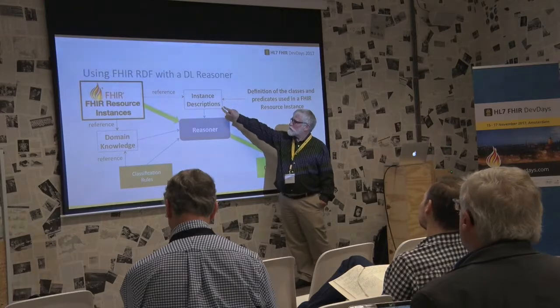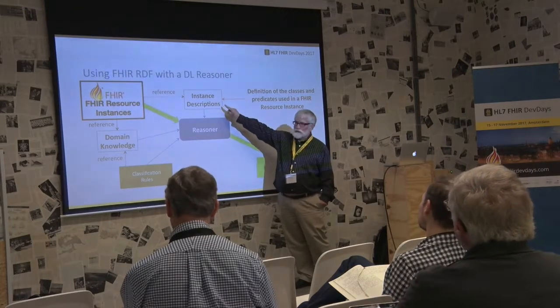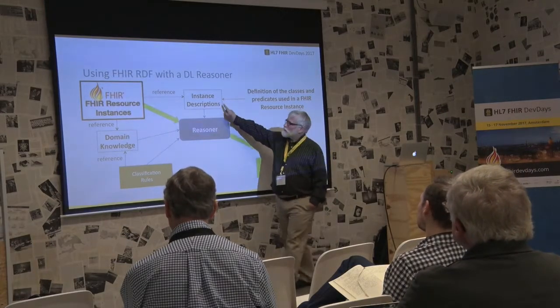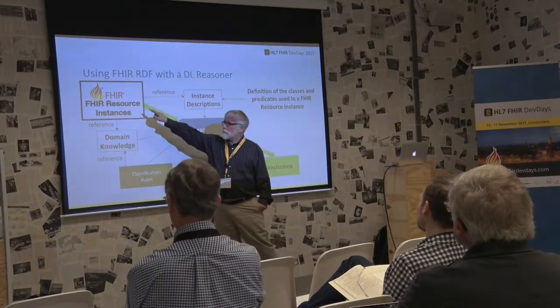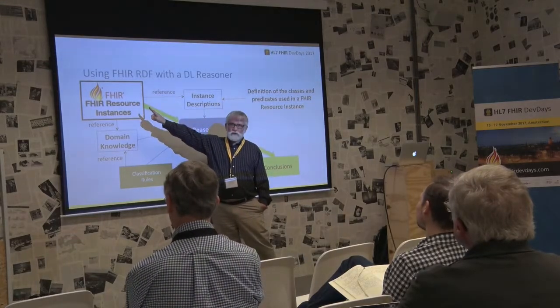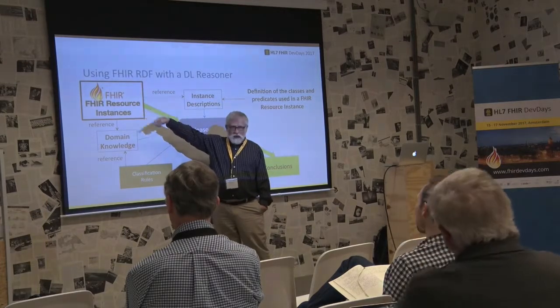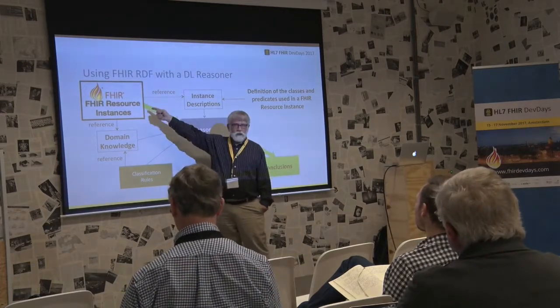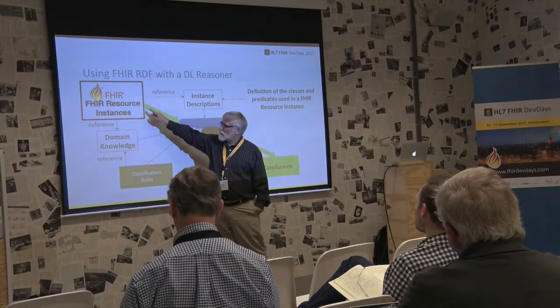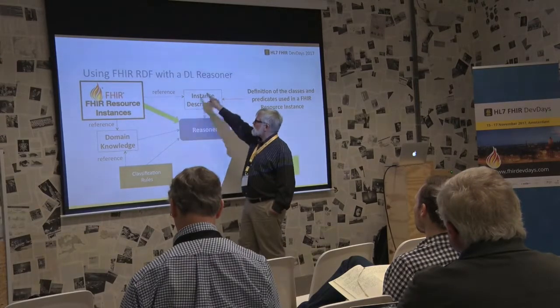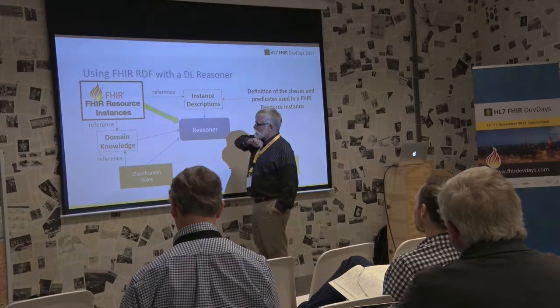This is what motivated the presence of fhir.ttl as it exists today. We need to know which things in here are object properties, which of these are data properties, annotations, which are classes, etc. We need a description of what's in this fhir.ttl, so that's the instance descriptions.